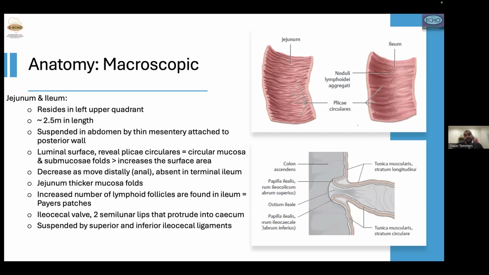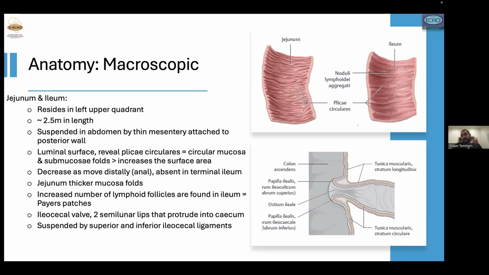A closer look at its luminal surface reveals circular mucosal and submucosal folds, and this allows for an increase in the surface area. These folds are known as plicae circulares, and as you move anally along the tube, the presence of the plicae circulares decreases until you reach the distal terminal ileum, where they are completely absent. Mucosal folds within the jejunum are also much thicker than those found within the ileum.